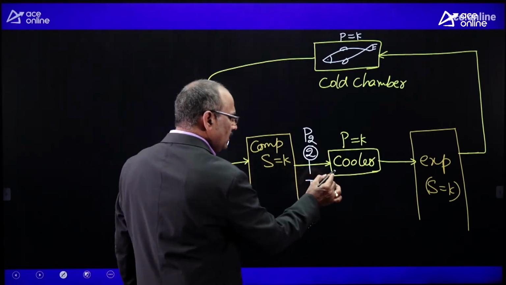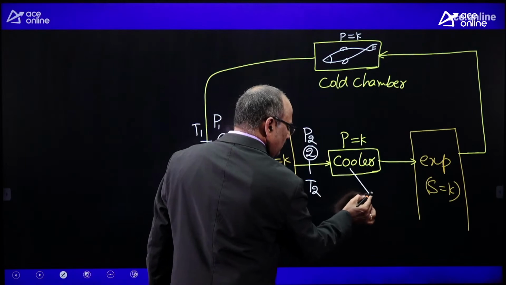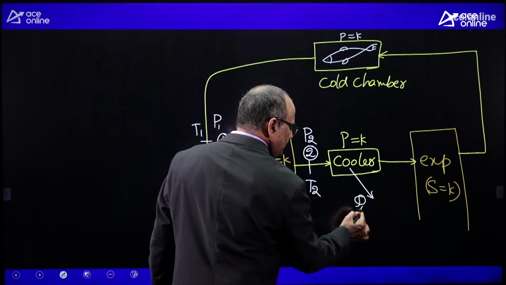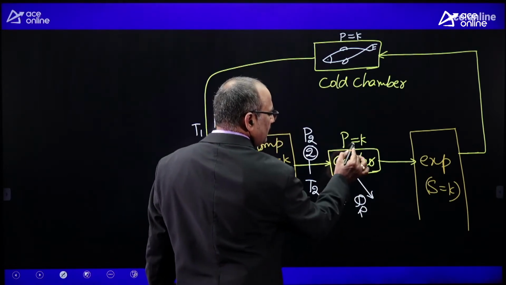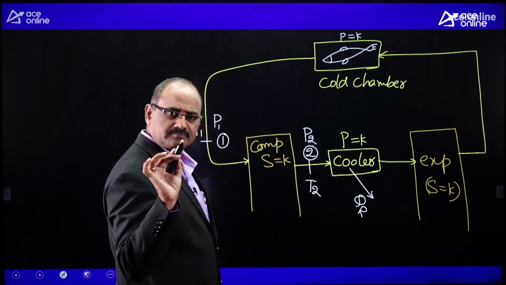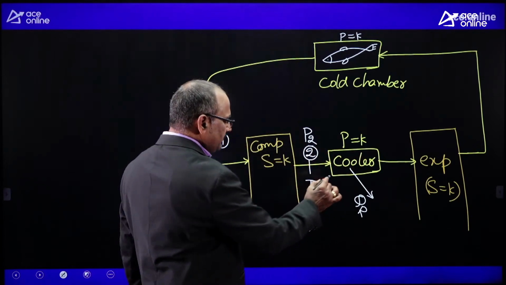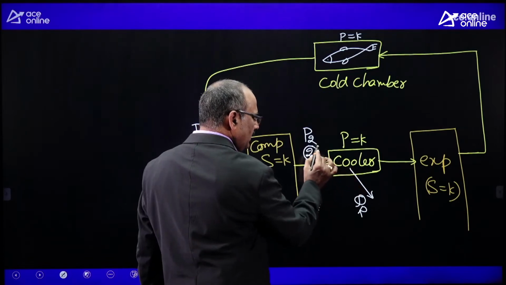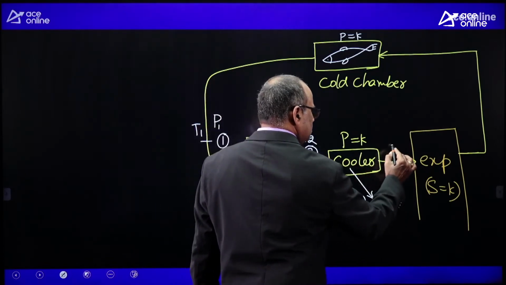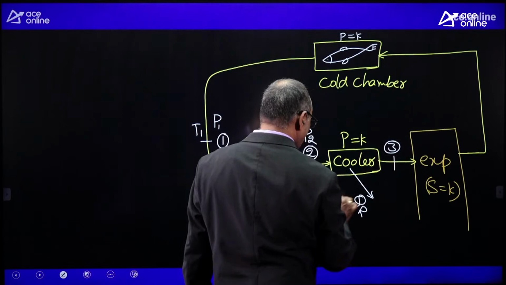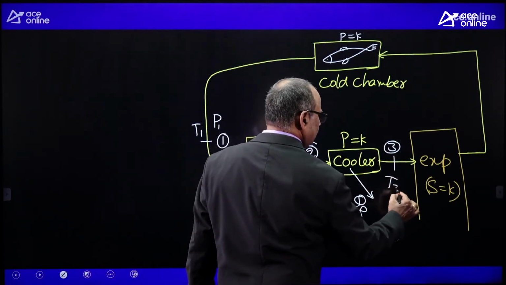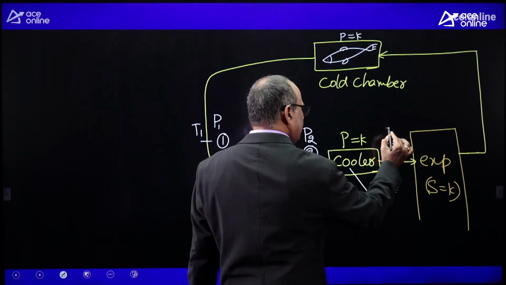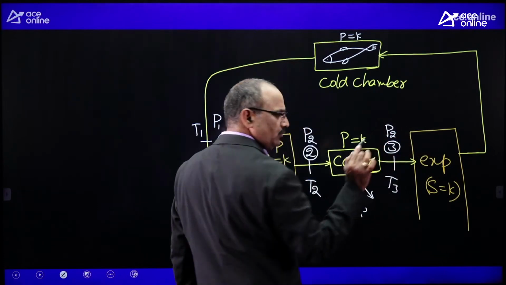In the cooler, some coolant is available. To that coolant, heat is rejected at constant pressure. Because of the heat rejection in the cooler at constant pressure, just the temperature is dropping from T2 to T3. It means the pressure of the refrigerant at state 3 is P2 only.